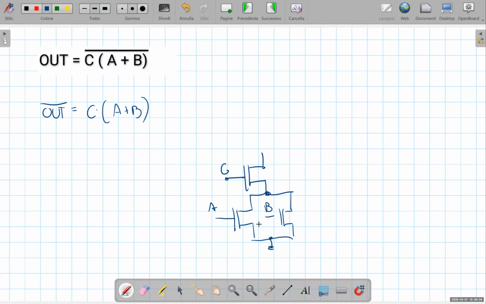This network, connecting the 2 nodes, is equivalent to an on switch when either A or B is high.